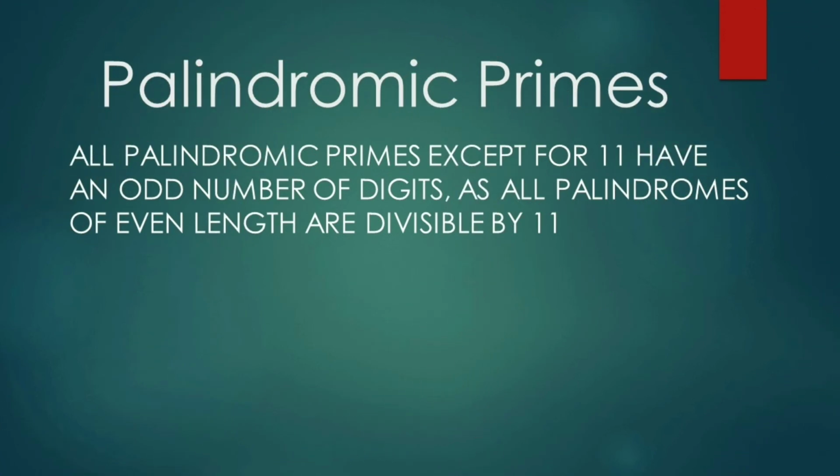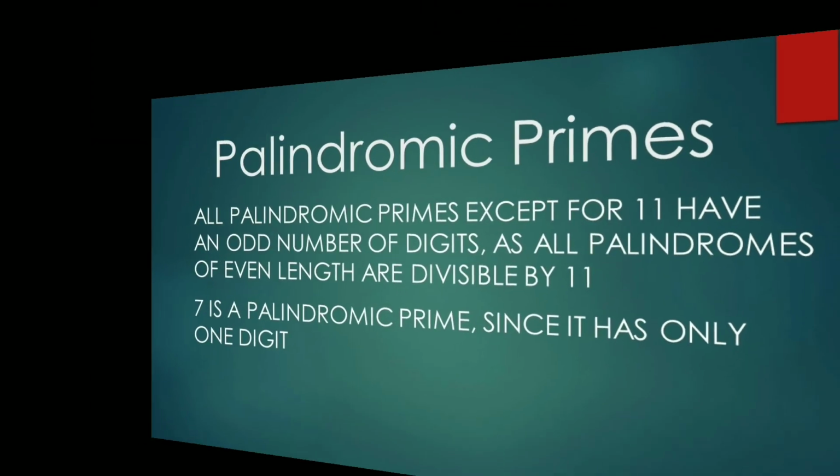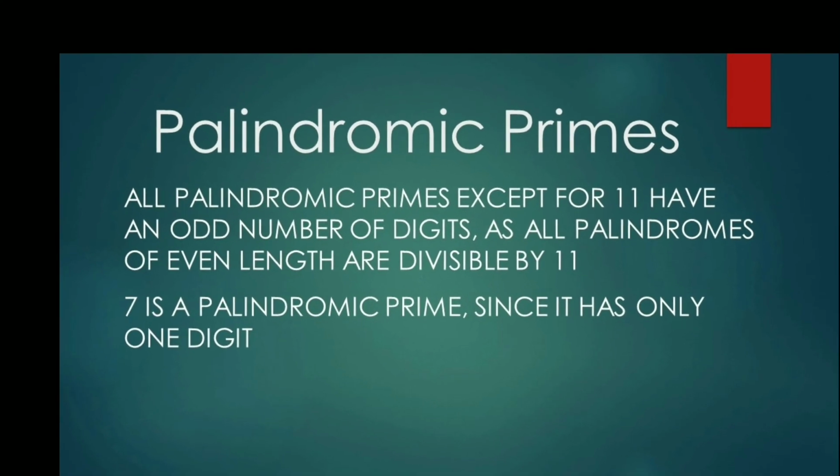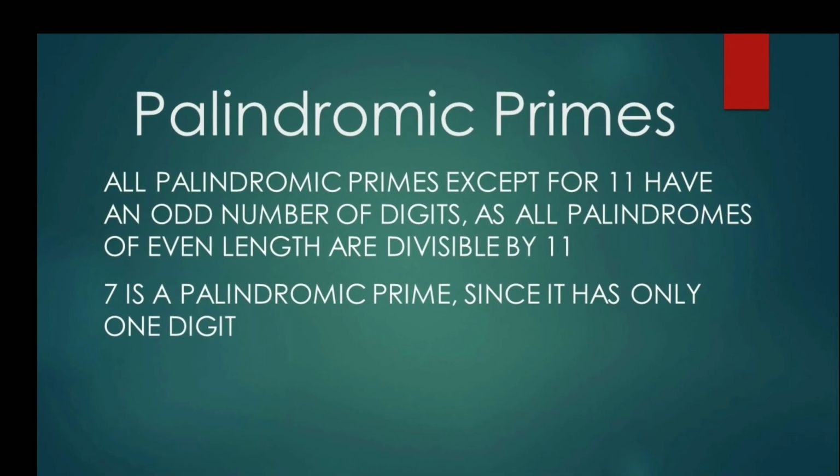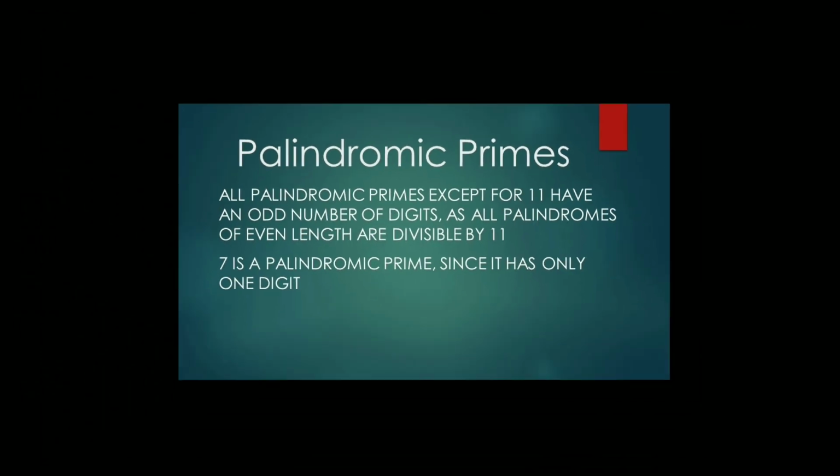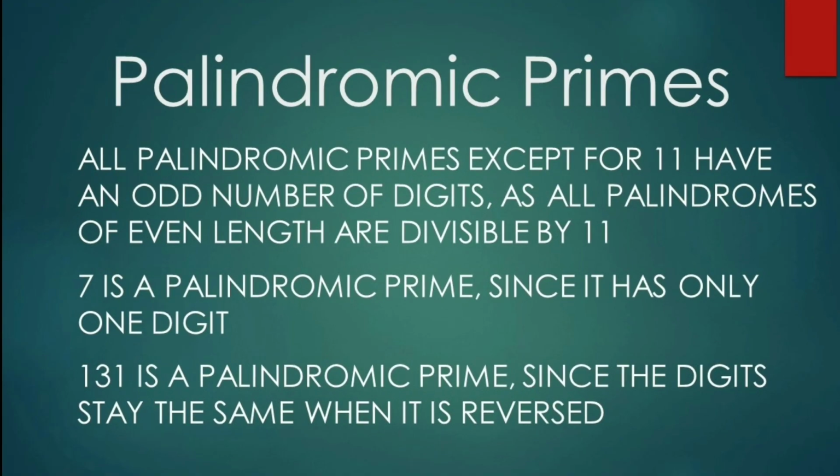All palindromic primes except for 11 have an odd number of digits, as all palindromes of even length are divisible by 11. 7 is a palindromic prime since it has only one digit. 131 is a palindromic prime since the digits stay the same when reversed.